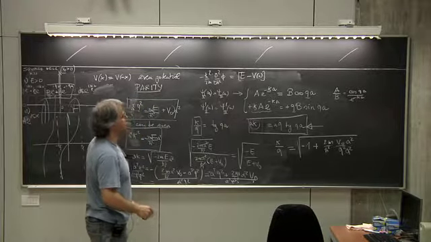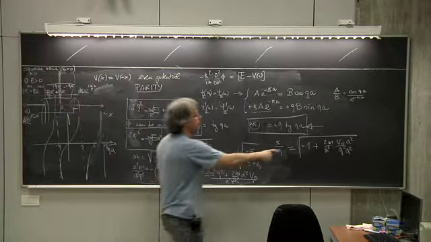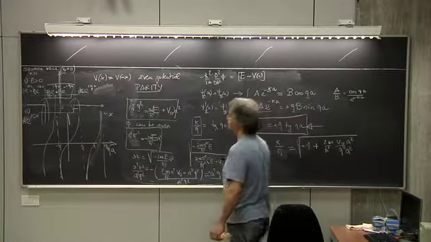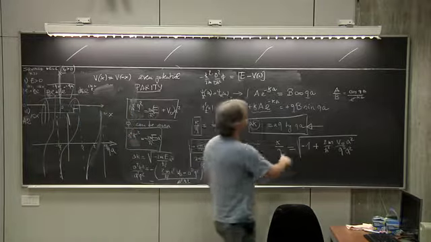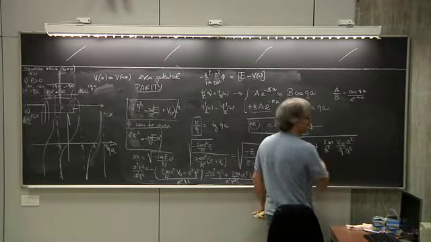And then at a certain point, however, that function reaches 0. Where does it reach 0? Well, you have to equate this object to 0.